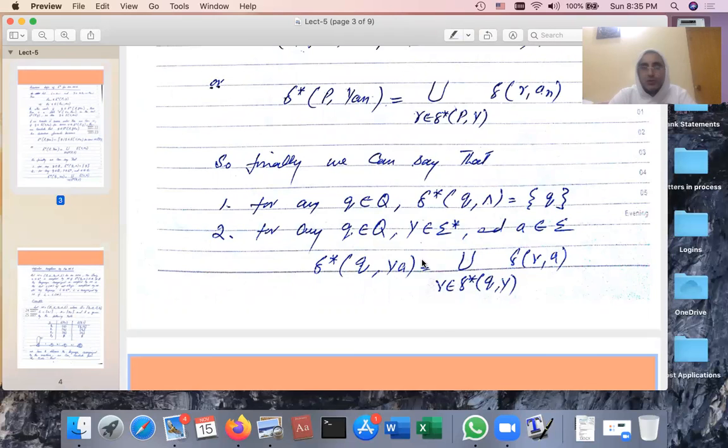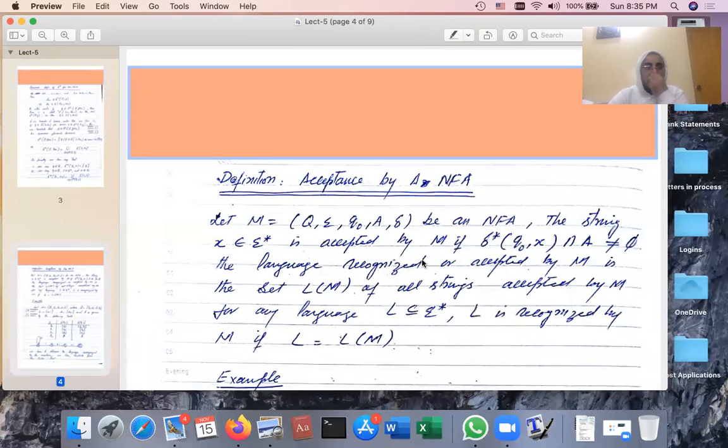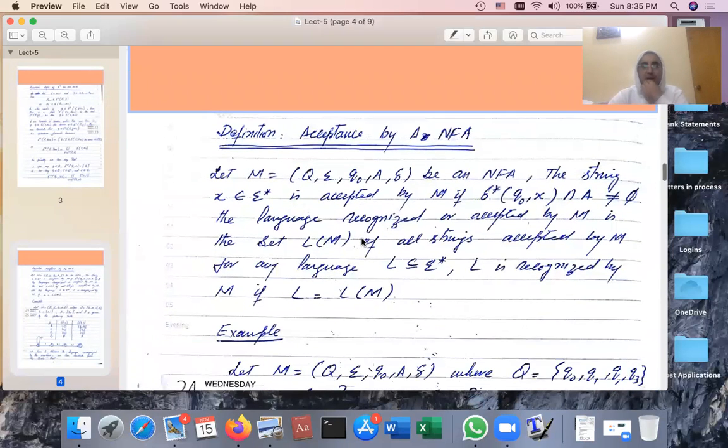Now the definition of acceptance of an NFA. In previous lectures, we have seen the acceptance definition of an FA, and now we are going to see the acceptance definition of an NFA.